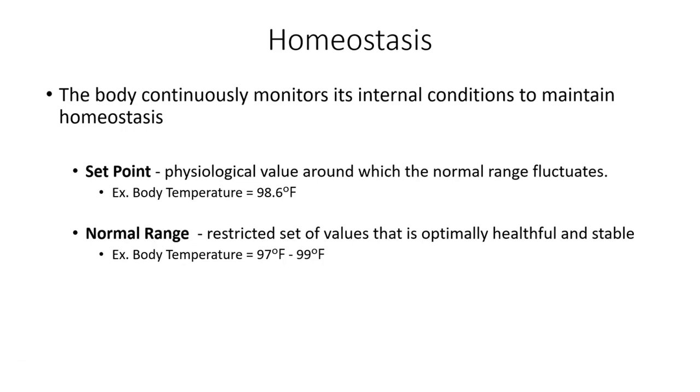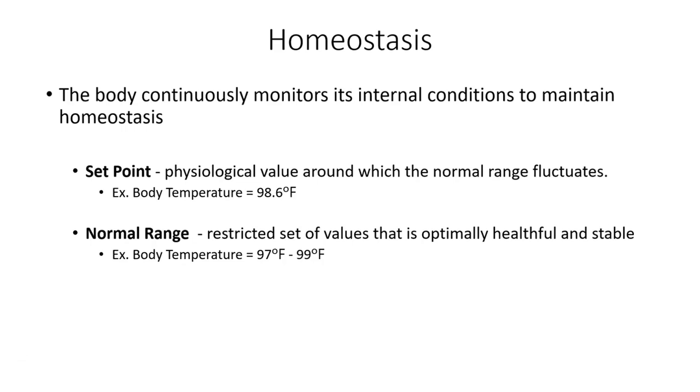And then normal ranges are a set of values that kind of encompass what that fluctuation would be. So if our average body temperature is this set point of 98.6, our normal range that is seen in humans is anywhere between about 97 degrees Fahrenheit and 99 degrees Fahrenheit.